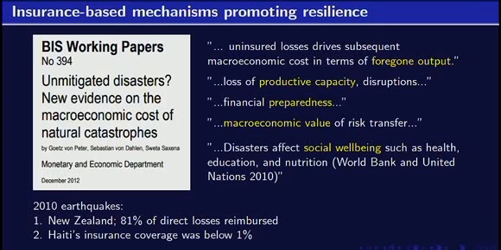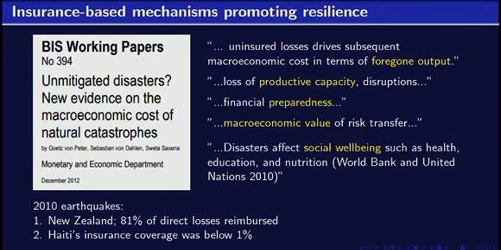This paper was looking at disasters, like major catastrophes. They had two examples, two different countries, New Zealand and Haiti, in 2010. Both were faced with the same problem: an earthquake with a magnitude of 7.0 on the Richter scale.